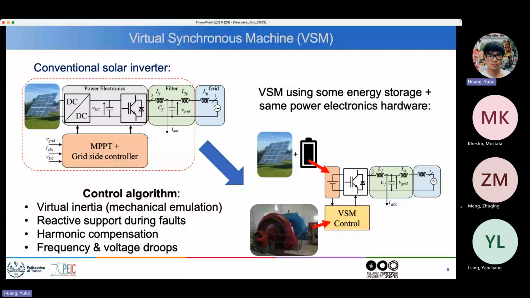In this way, we can preserve all the good properties of synchronous generators, and not only that, we can actually get better properties than synchronous generators. In many respects, we can obtain much better behavior than synchronous generators. Let me just give you one example for that.